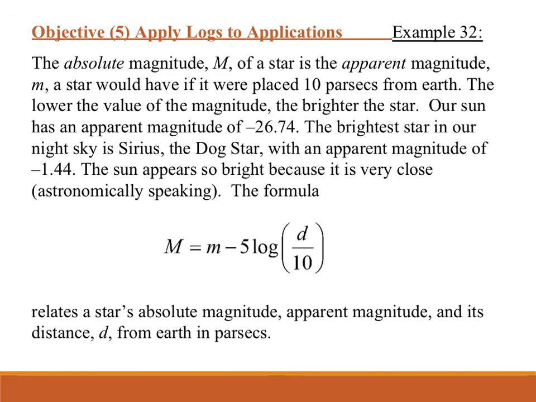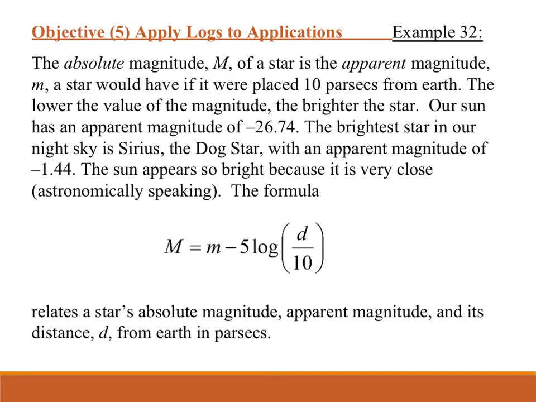So our final objective is to apply logs to applications. The absolute magnitude M of a star is the apparent magnitude a star would have if it were placed 10 parsecs from Earth. The lower value of the magnitude, the brighter the star.